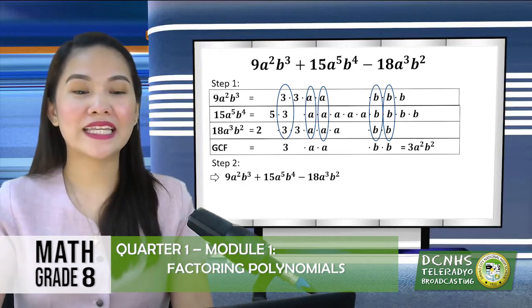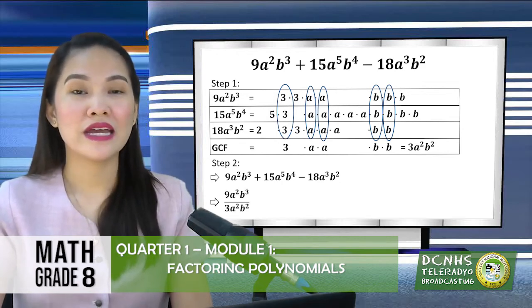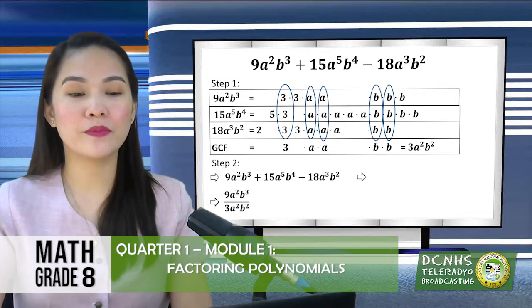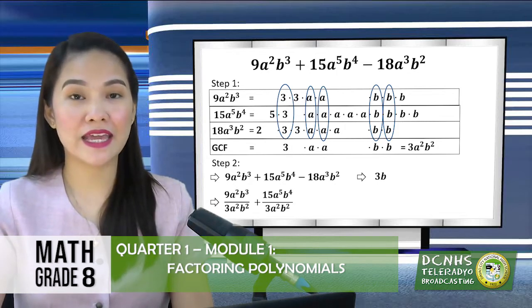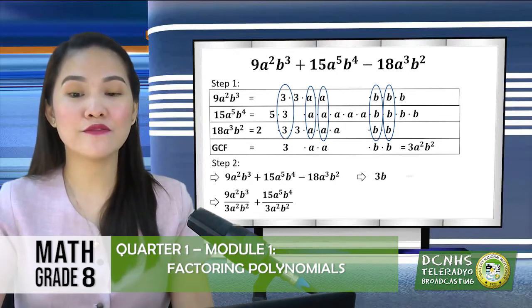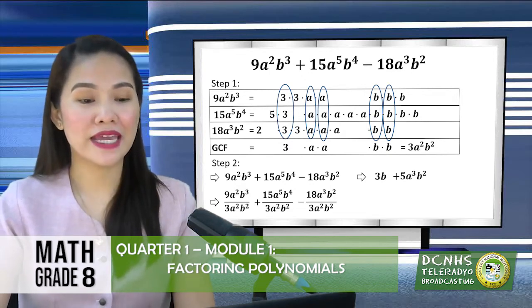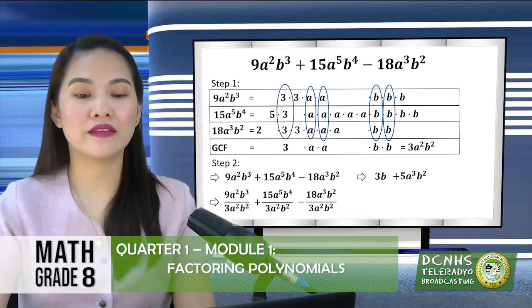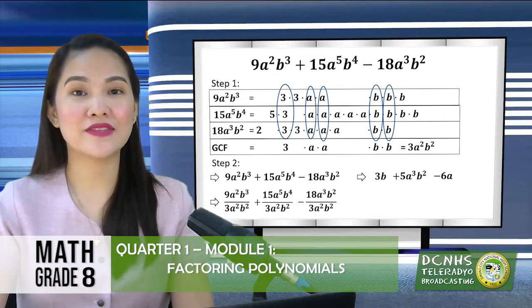Next, divide each term of the expression by the GCF. So, 9a squared b cubed divided by 3a squared b squared is 3b. Plus 15a raised to 5b raised to 4 divided by 3a squared b squared is 5a cubed b squared. And negative 18a cubed b squared divided by 3a squared b squared is negative 6a.